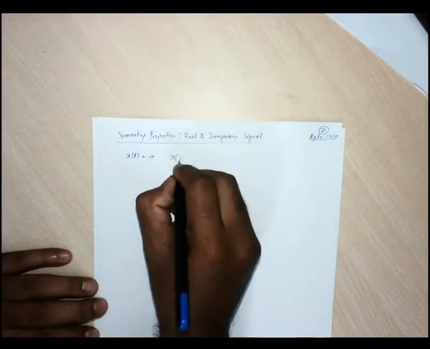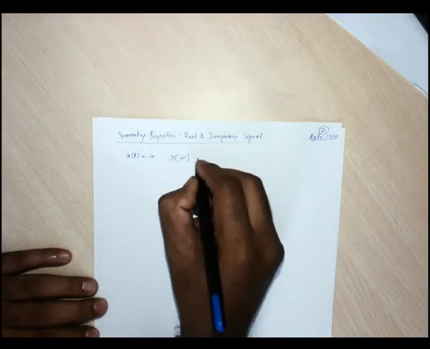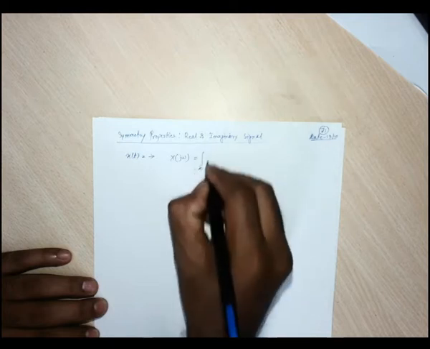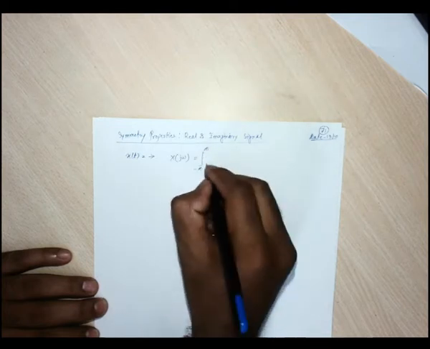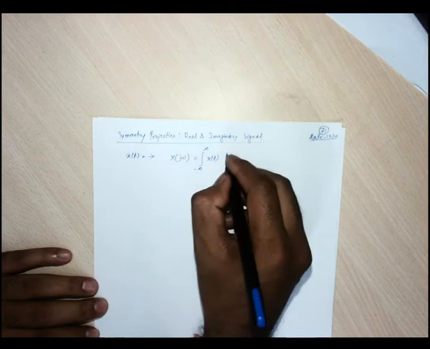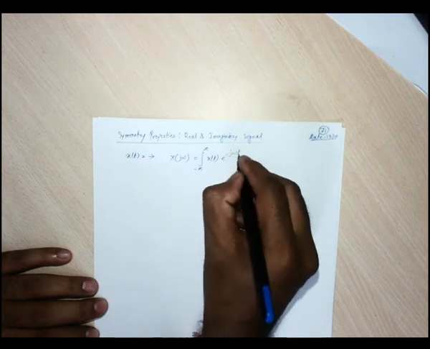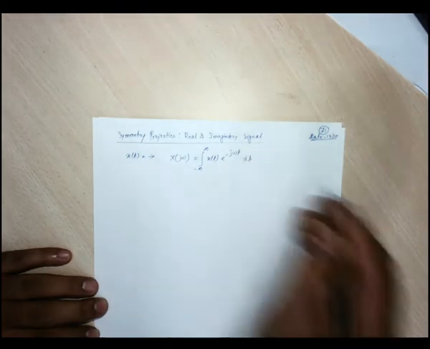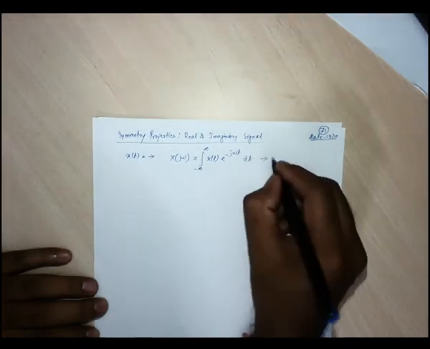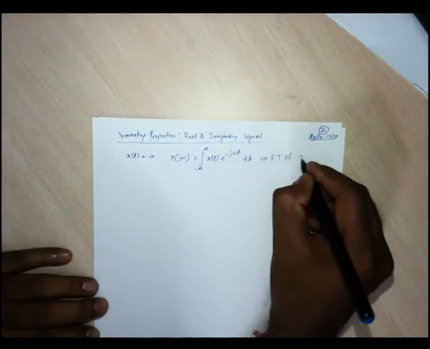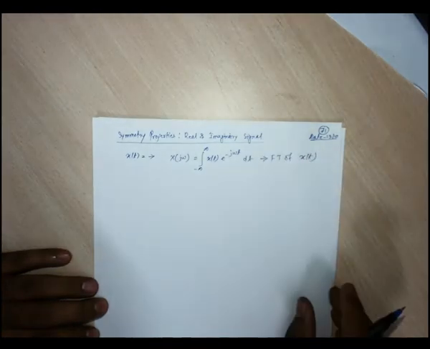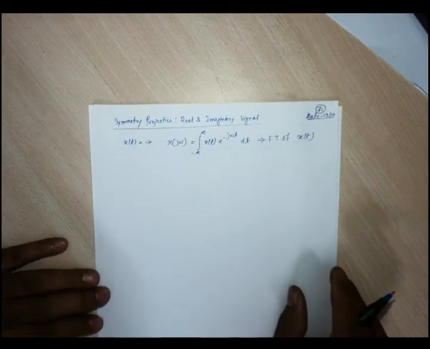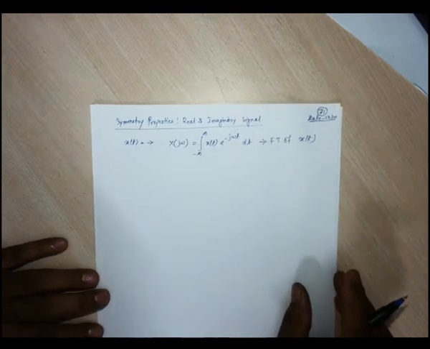X of j omega is the integration from minus infinity to infinity of x(t) e to the power minus j omega t dt. This is the Fourier transform of x(t). Now let us take the conjugate of this.